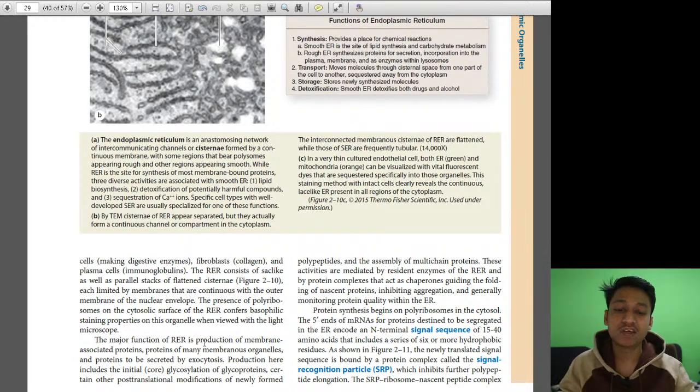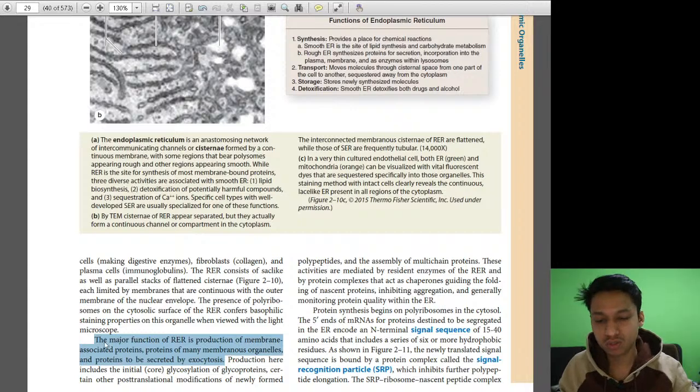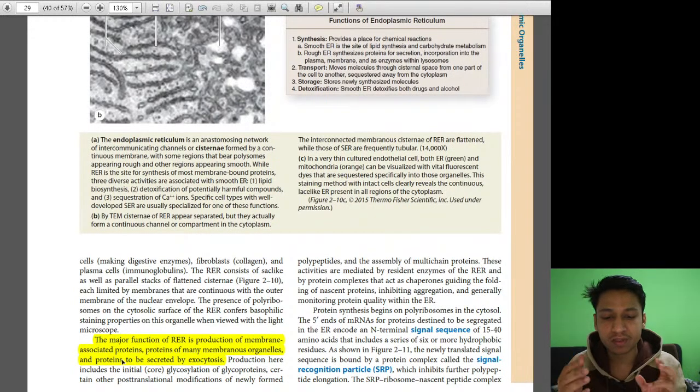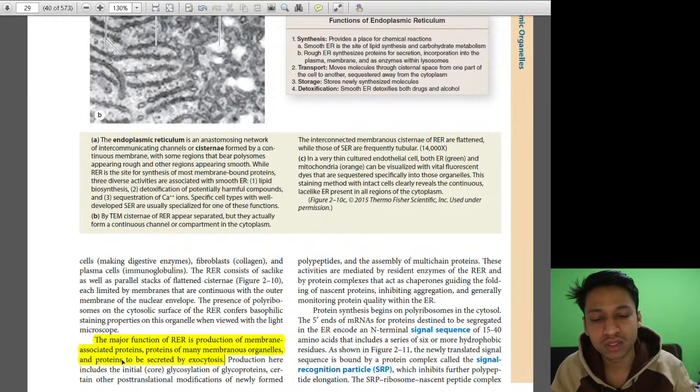The major function of the RER is the production of membrane-associated proteins, proteins of many membranous organelles, and proteins to be secreted by exocytosis. So the major function here needs to be highlighted and remembered: it produces mainly the proteins that are associated with membranous organelles, like mitochondria, and also the proteins that are secreted by exocytosis from the cell.